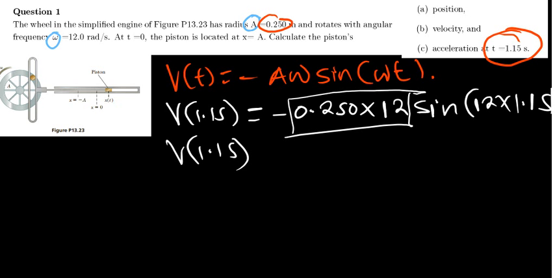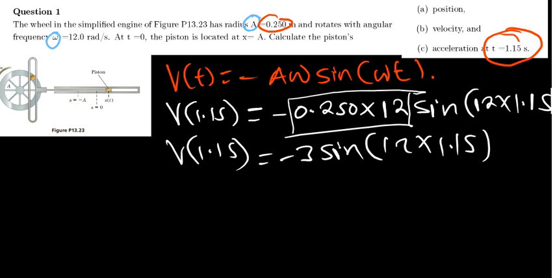So this is going to be negative 3, then we have sine of 12 times 1.15. Meaning that v as a function of time is going to be negative 3 sine, open brackets, 12 times 1.15, close the brackets. I'm getting my answer to be 2.83.